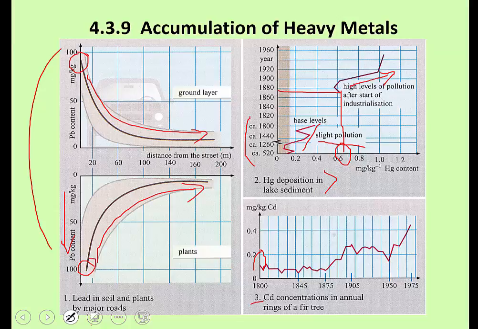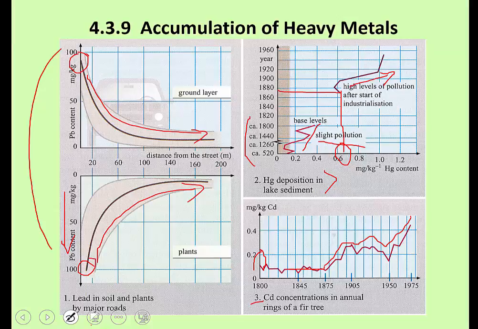And again, if we look at cadmium levels, they stayed pretty steady until we hit industrialization here at about 1875, and then they start spiking, they go down a little, they come back up. So there's definitely an influence on this because metals are one of these things that just don't go away.